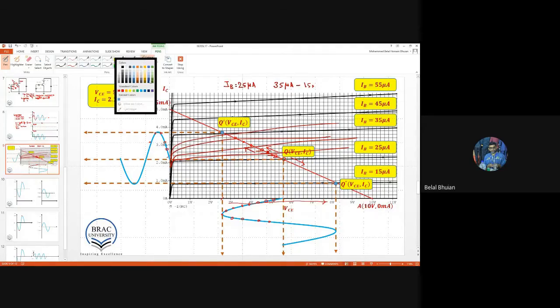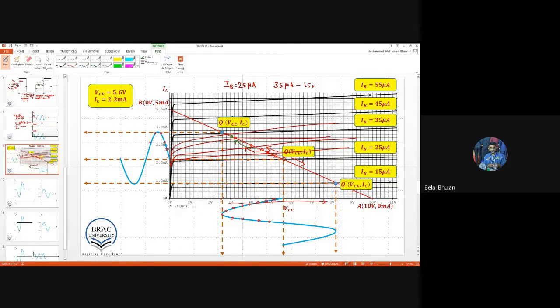Let's use a different color. The Q point is going up, and it reaches 35 microampere. Again, remember, every time there is a Q point, it means there is a corresponding value of VCE and IC.